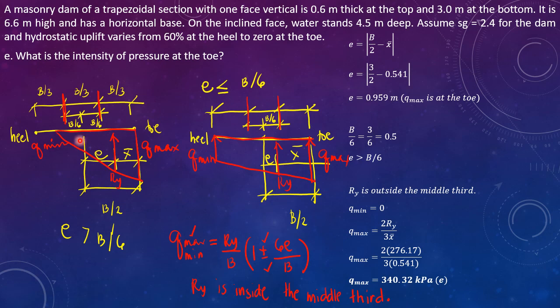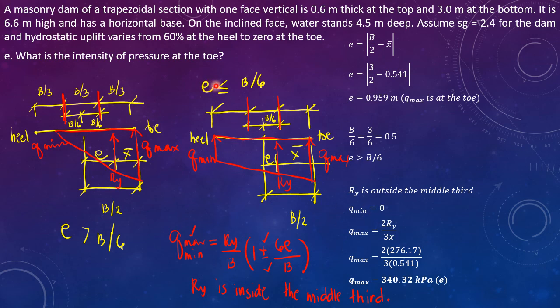So again, we have a triangular pressure diagram if E is greater than B over 6, wherein our Q maximum is given by this formula and our Q minimum is simply 0.